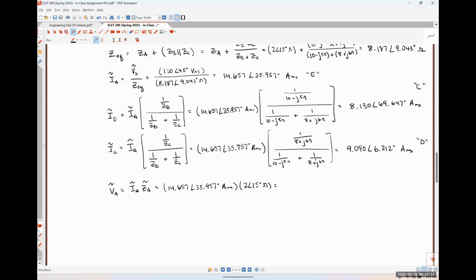So let's see, what I have stored in my calculator as B, times 2 angle 15 gives me 29.313 with an angle of 50.957 degrees volts RMS. I'm going to store this as E.